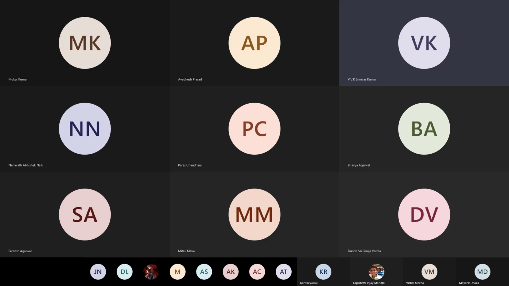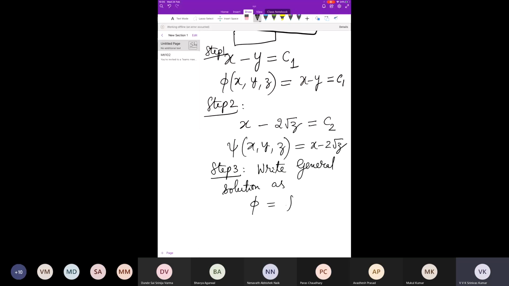As one, phi is equal to a function of psi, an arbitrary function of psi.